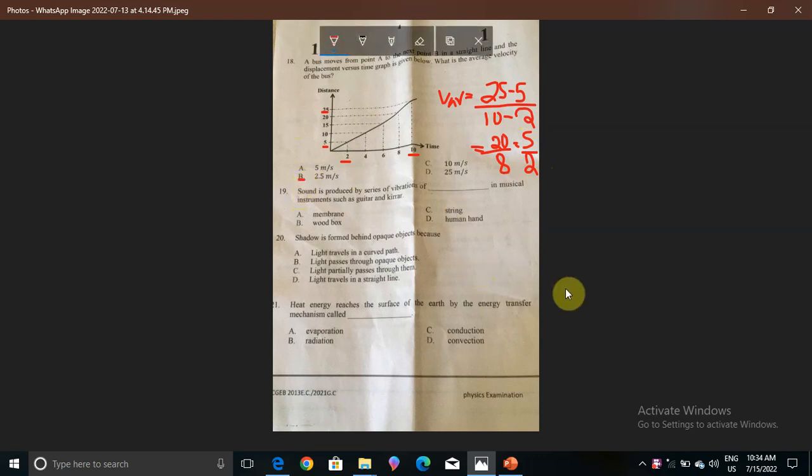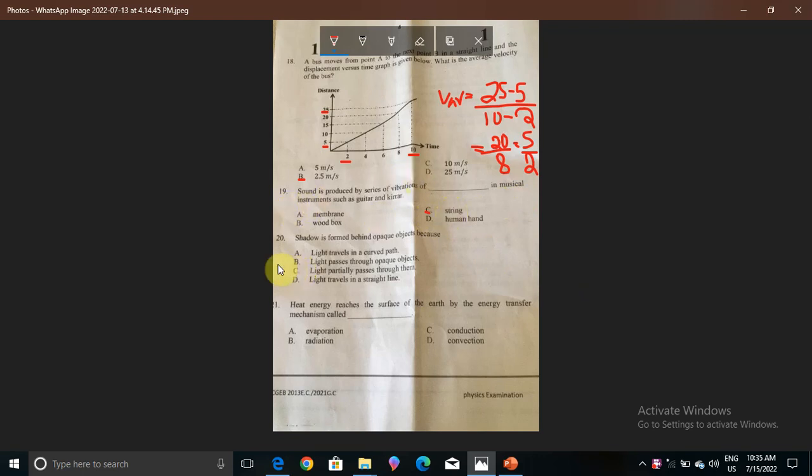Now question number 19, it says sound is produced by series of vibrations of dash in musical instruments such as guitar and kirar. Of course it will be string, right? Because sound is produced by series of vibrations of string. So the correct answer for question number 19 is string.